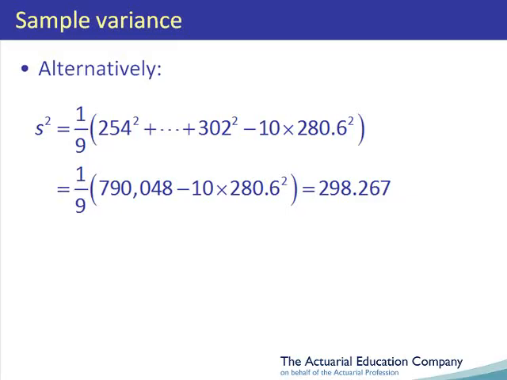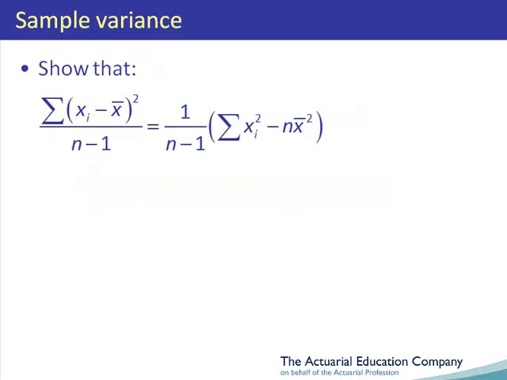The method for this approach is shown here. This alternative approach is usually quicker to carry out. If we calculate this using the sample of 10 claim amounts, we get the same answer as before, 298.267. You may like to check that you can show algebraically that the two formulae for the sample variance are equivalent.